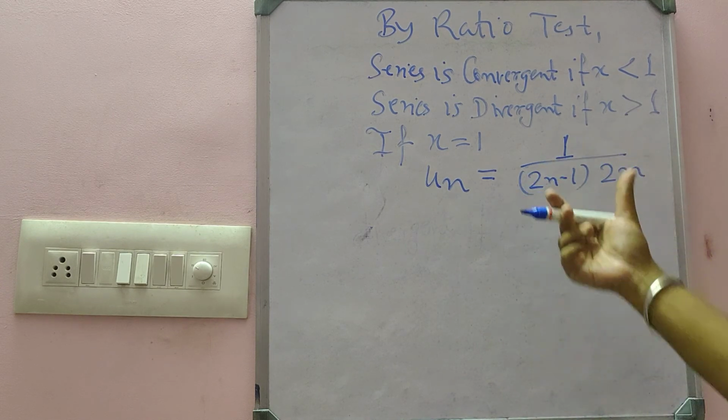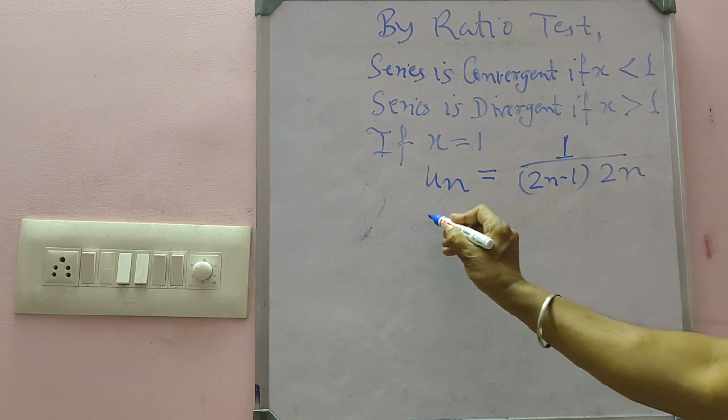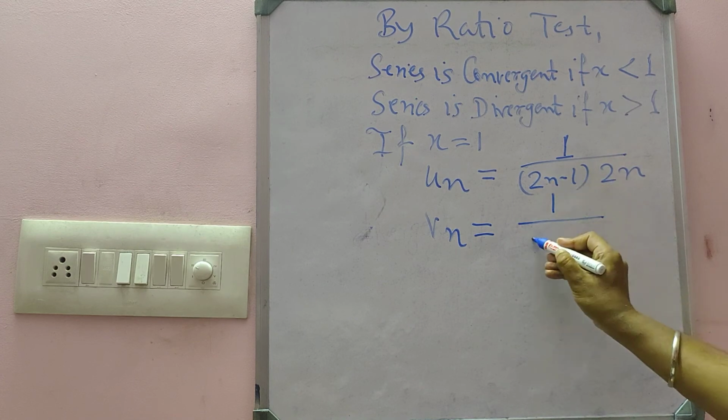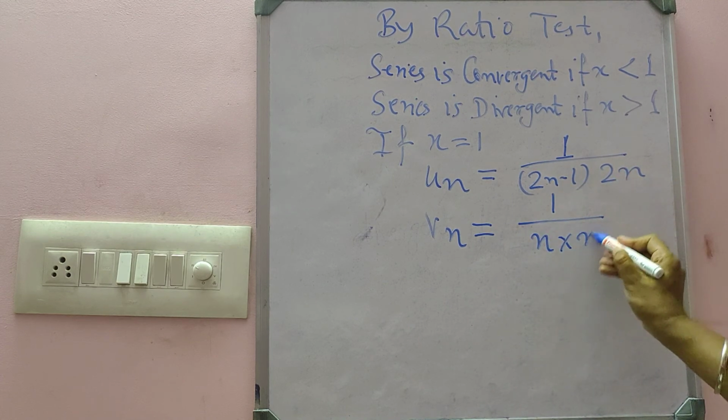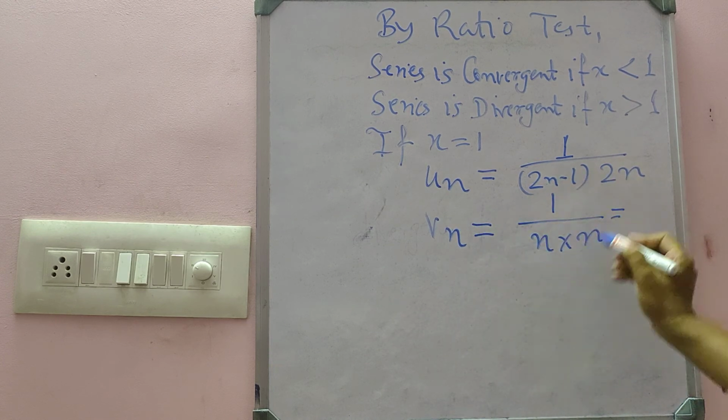In comparison test we know that we have to take from our side Vn, the term which will be independent of constant term. So here Vn will be 1 by n into n. Your Vn will always be independent of constant term.